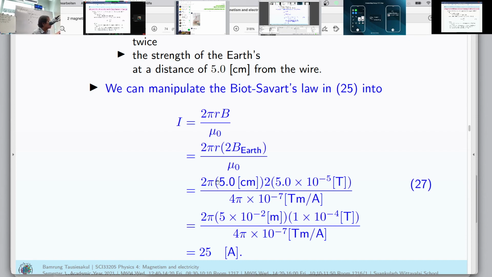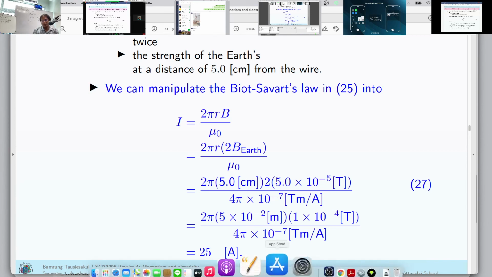You should do several problems and you will be able to remember this value. Mu 0 is 4 pi times 10 raised to the negative 7. That's the typical constant you need to know. And the unit of mu 0 is Tesla meter per ampere. Please note that this unit will be used later in a few topics after this.